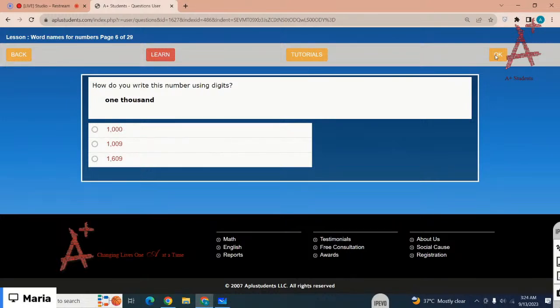One thousand. How do you write this number using digits? That would be option number 1, right? 1 is at the thousands position.